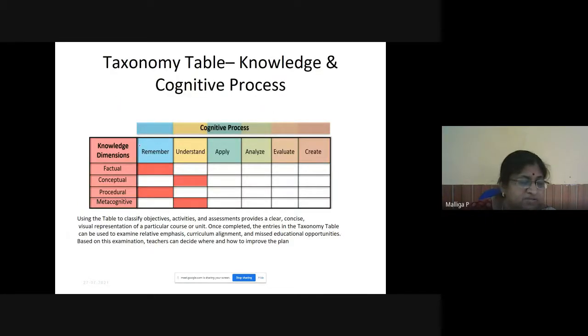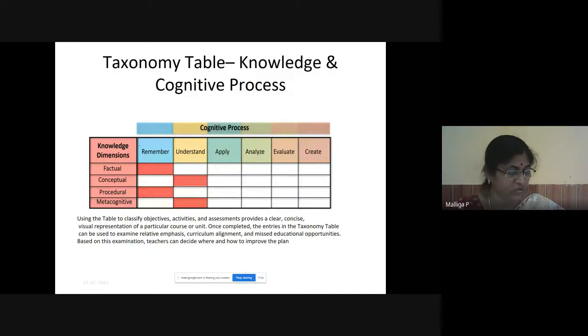Okay. So in the quiz, we asked, what are the two dimensions of revised Bloom's taxonomy? How many people are familiar with this revised Bloom's taxonomy? All right. Most of you might know Bloom's taxonomy, but the revised Bloom's taxonomy is very helpful, where the ambiguity is reduced.